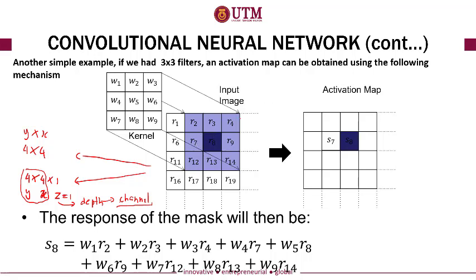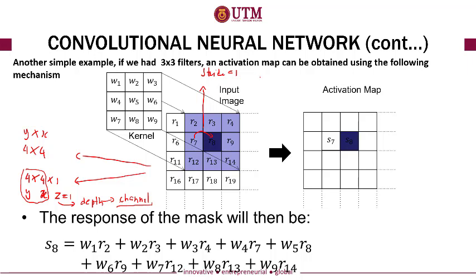So this is the meaning when you set your convolutional operation with stride equal to 1. But you can also adjust it to any number that is more than 1.